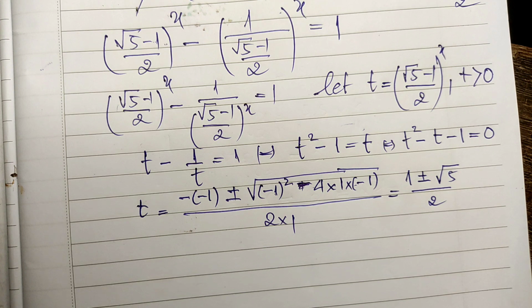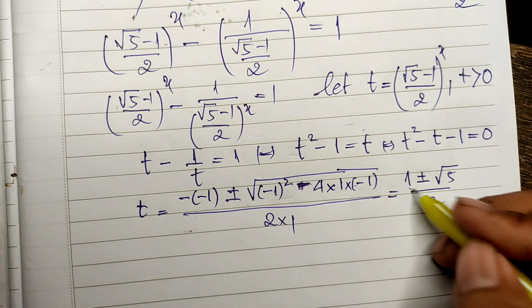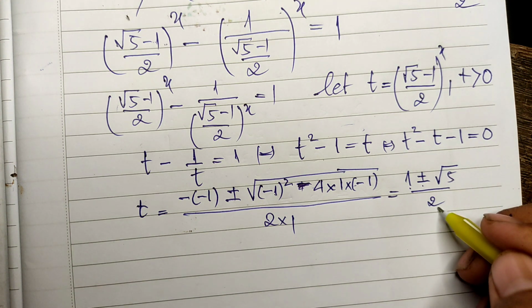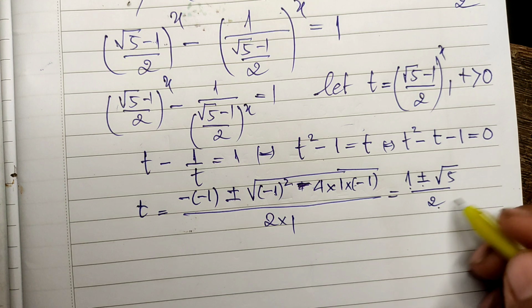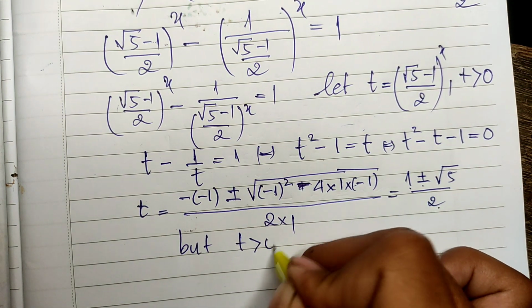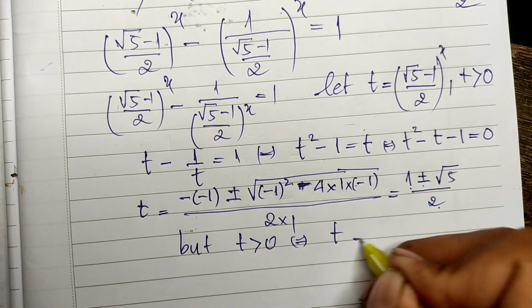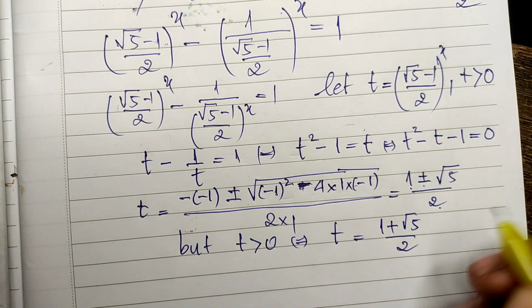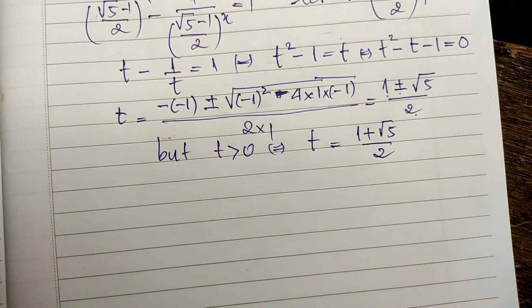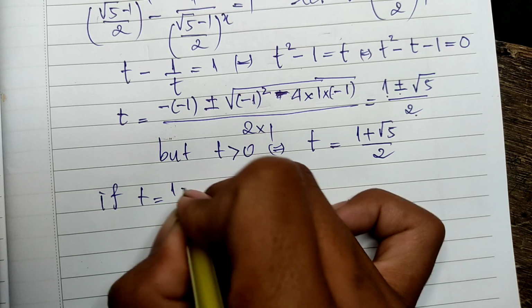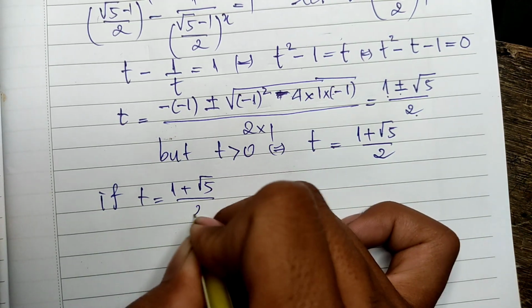If (1 − √5)/2 is negative, but t is positive, so we get t equal to (1 + √5)/2. Now we can find the value of h. If t equals (1 + √5)/2, then ((√5 − 1)/2)^h equals (√5 + 1)/2. But this expression is equal to 1 divided by (√5 − 1)/2.